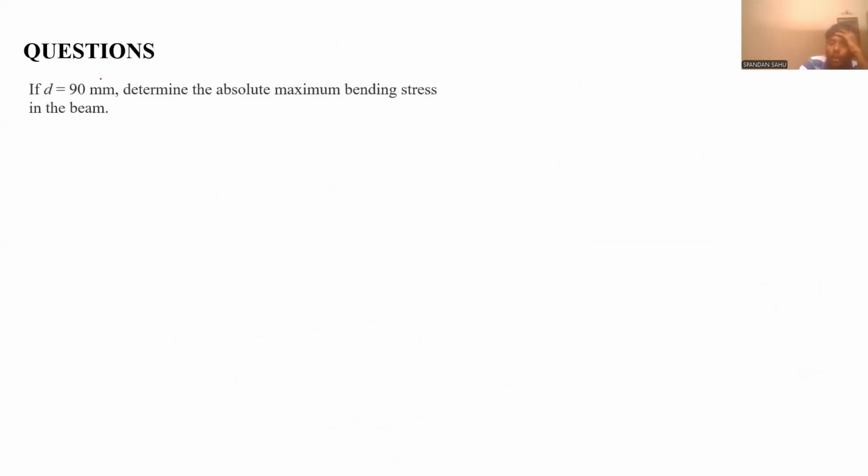Now, after determining the absolute bending moment, the next part they are asking is to determine the absolute bending stress for that absolute bending moment. So we know M by I equal to sigma by y.